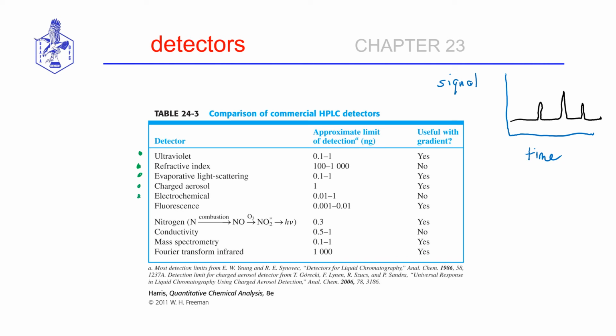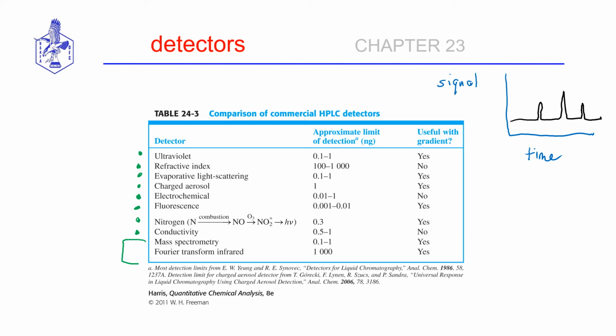There are electrochemical detectors, fluorescence. Okay, you can have a combustion detector. So if you have combustible species, you can use that as an analytical signal. There are conductivity detectors. Anything that has a charge is going to conduct electricity. Or you can actually interface a liquid chromatograph to either a mass spectrometer or an FTIR, a Fourier transform infrared spectrometer.